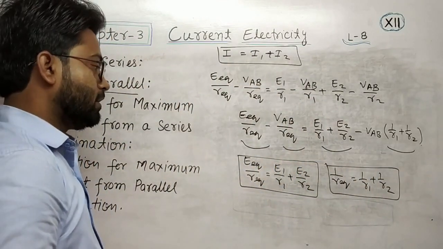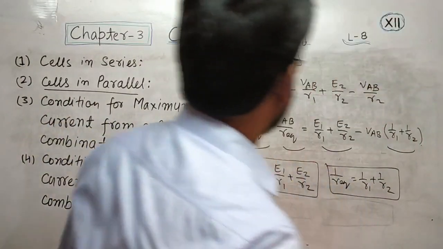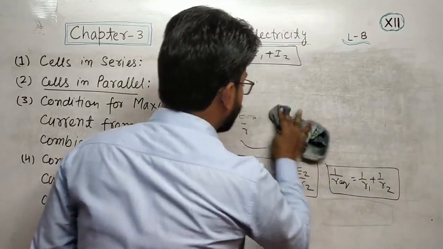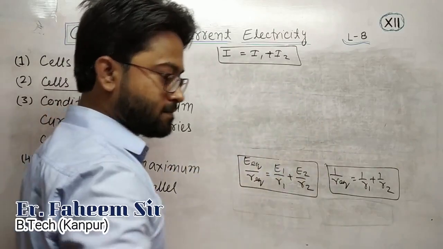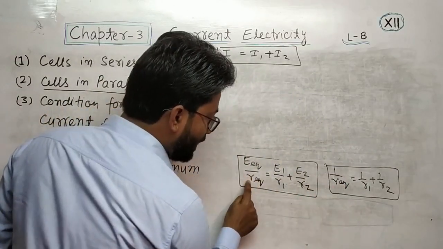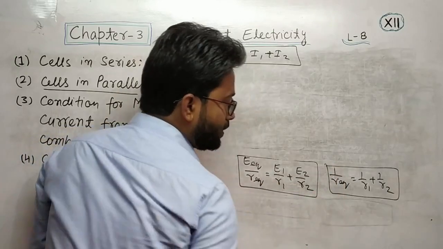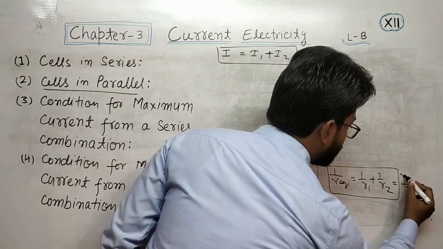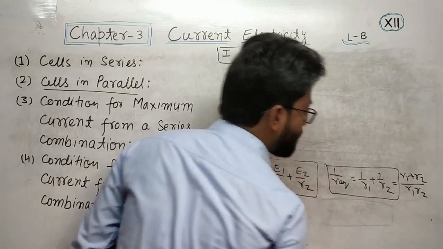This is the derivation. In other words, we can also write 1 upon R equivalent as R1 R2 upon R1 plus R2.